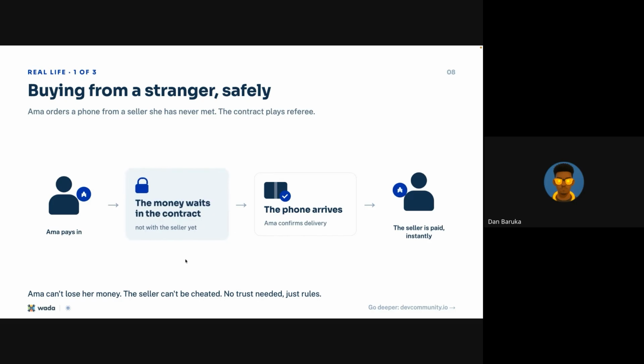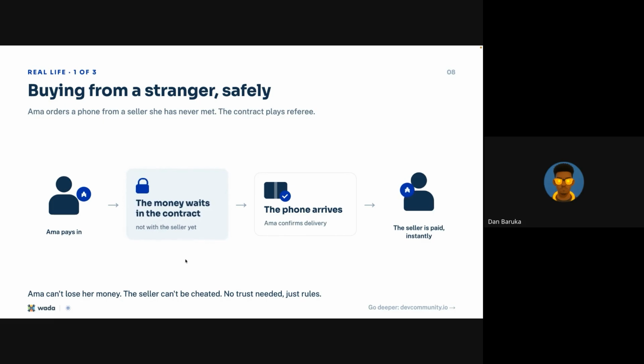So Amma wants to buy, for example, a phone, because here we are talking about a phone. We have the name here, Amma, who wants to buy a phone. He sends money into the smart contract first. So the smart contract secures the fund, never releasing or sending it to the seller yet.